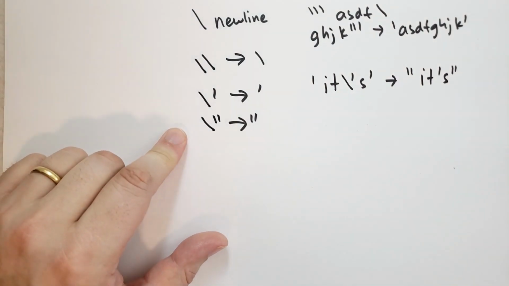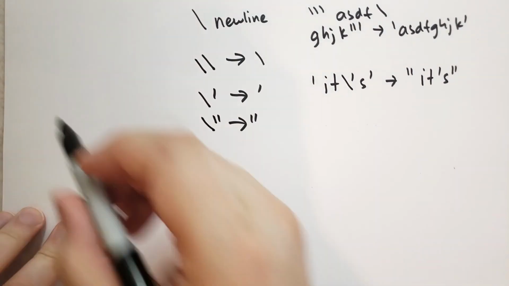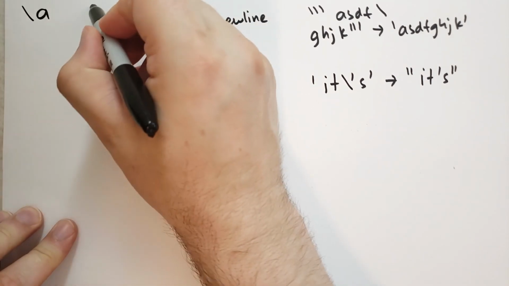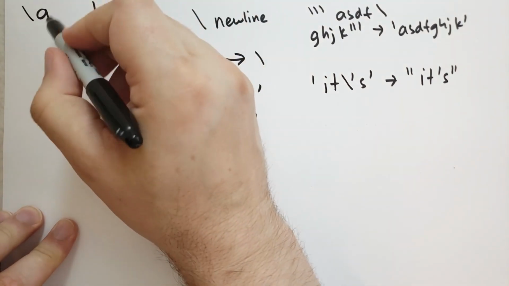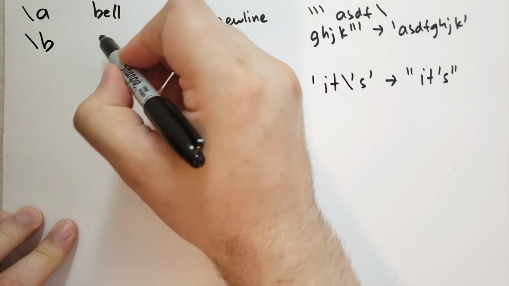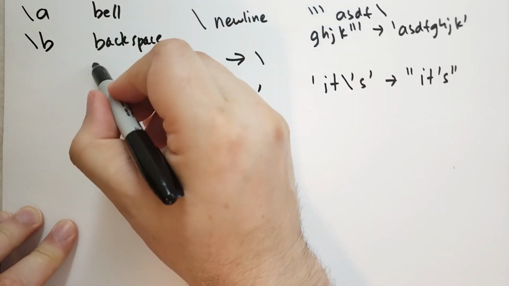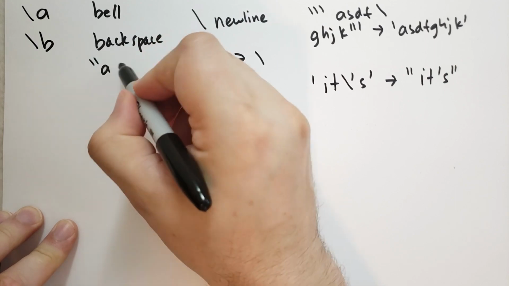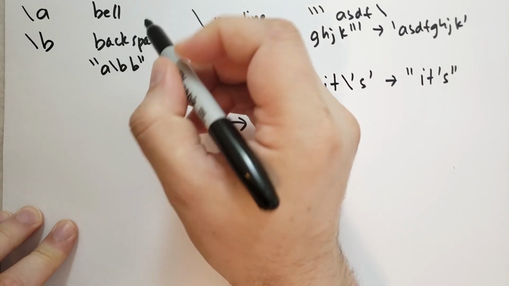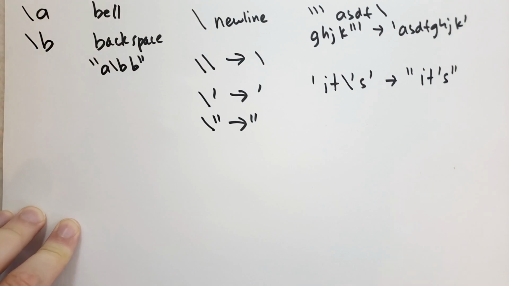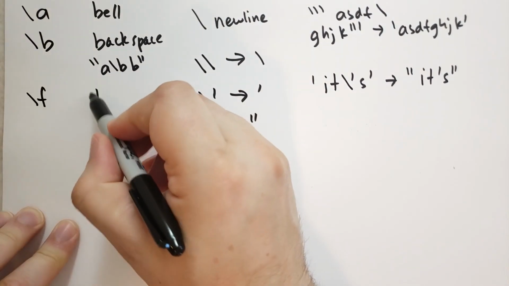Okay. There are some ASCII code sequences that we can use as well. \a is the bell. \b is the backspace. For instance, print this out. \f is form feed.